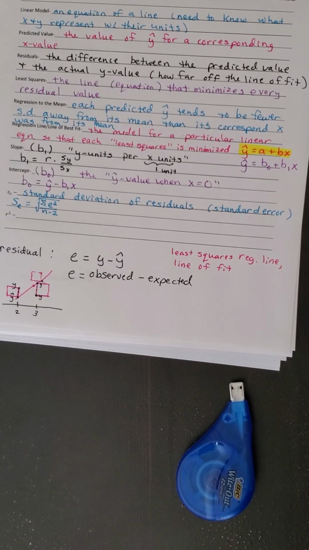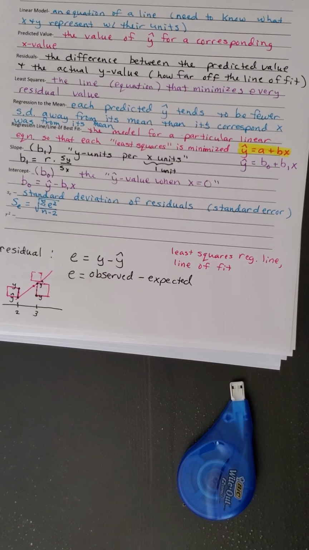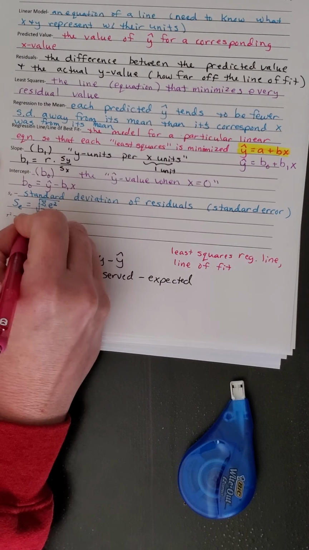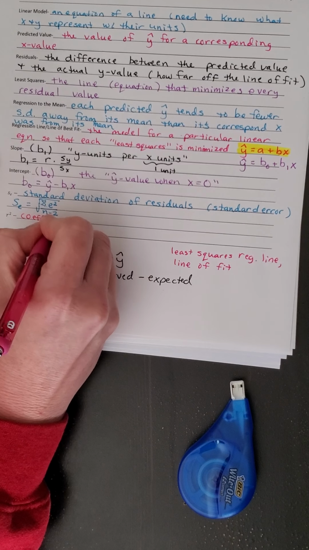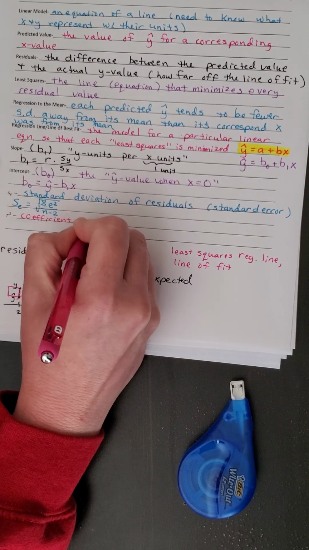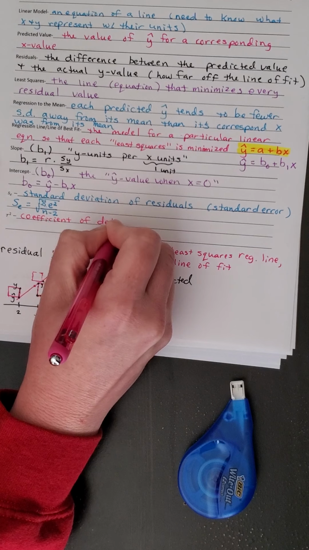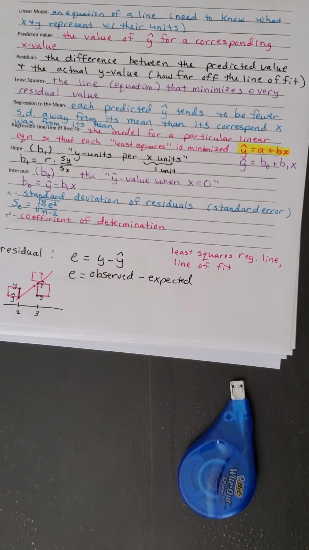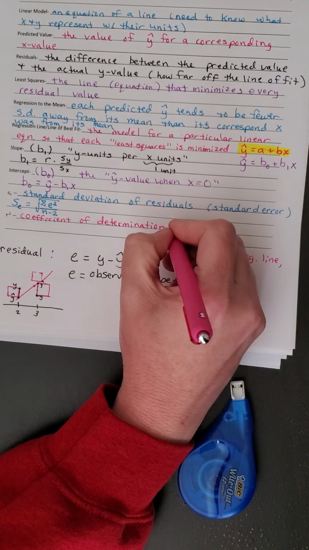All right, r squared is called the coefficient of determination. It's an overall measure of how successful the regression is in linearly relating y to x.